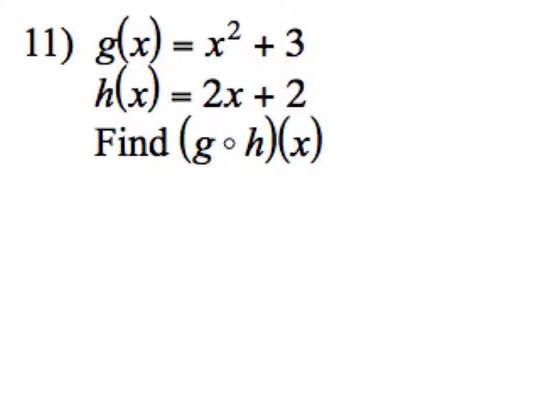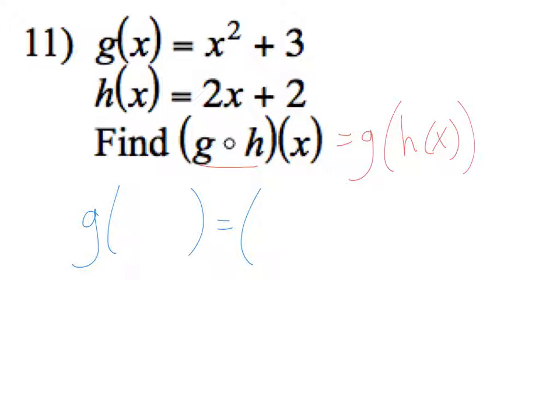Here's another function composition. Again, this is that awful notation with an open circle. I'm immediately going to rewrite this as g of h of x. Okay, this time I don't have a number to plug in, so what I'm going to do is to rewrite g of x, leaving some space for what I'm going to plug in, both in my function notation and in my equation.